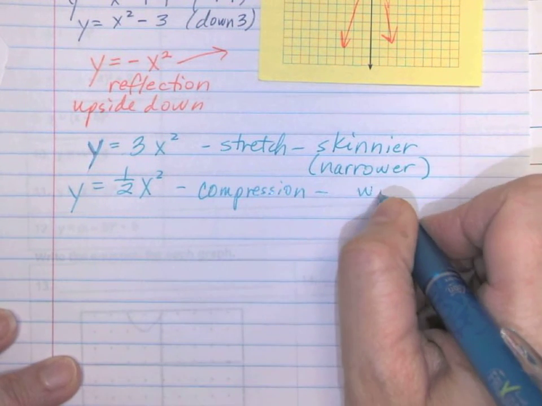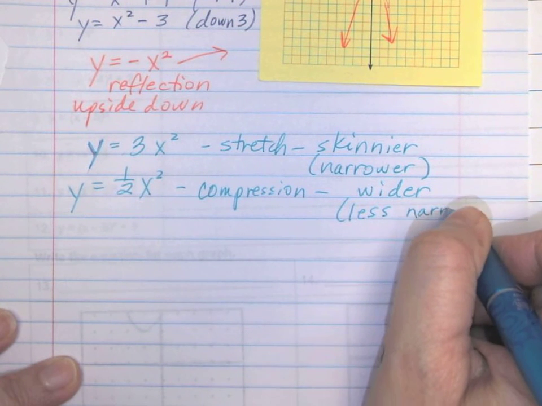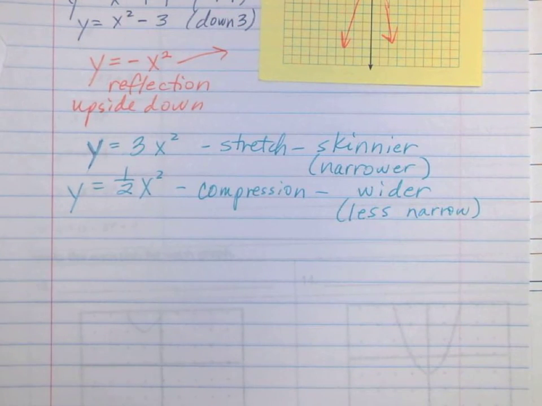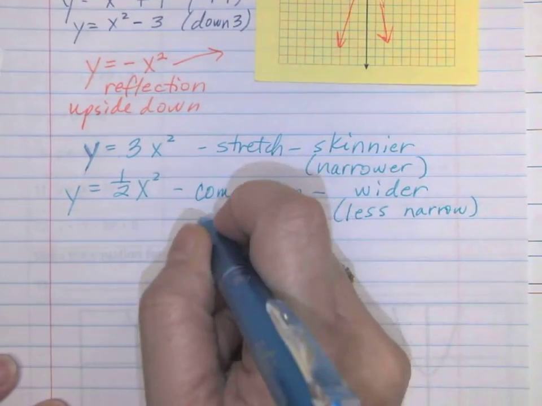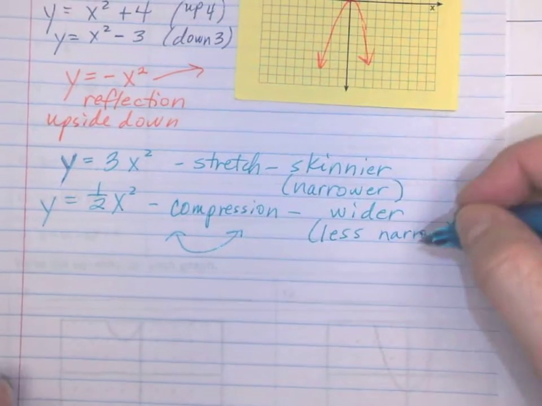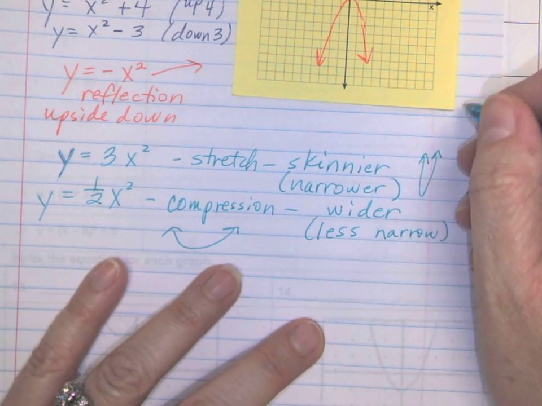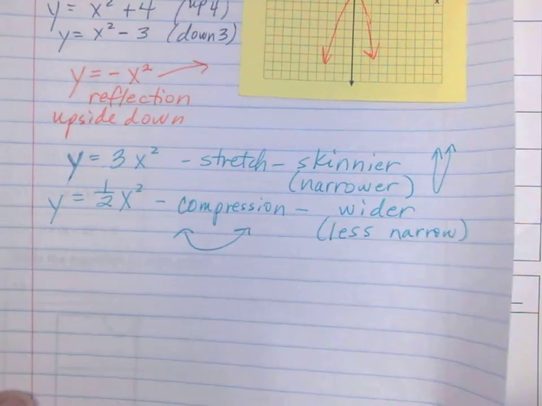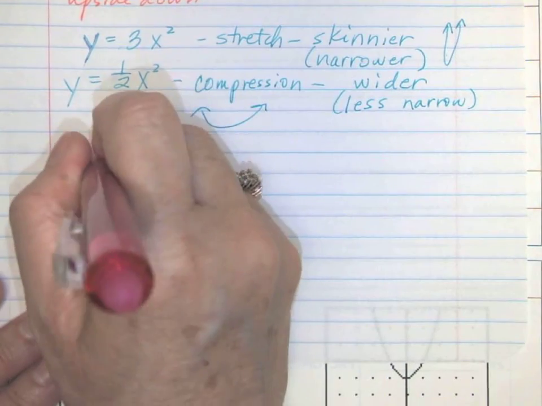What it does is make it wider, or you could say less narrow. It's like you're sitting on it, compressing it and making it wider. Whereas a stretch is like you take the top arrows and pull them and make it skinny. So the only one we didn't look at already was the horizontal moves.